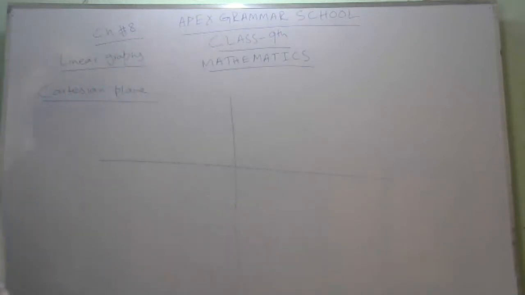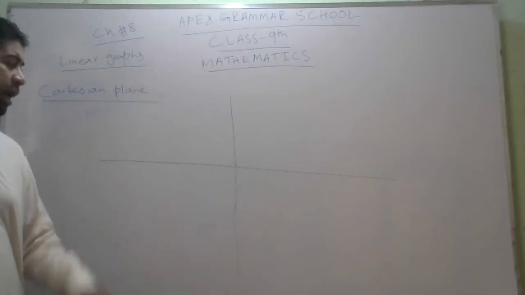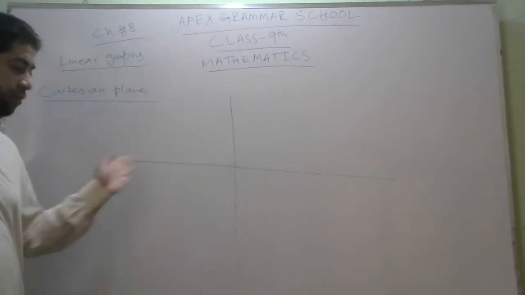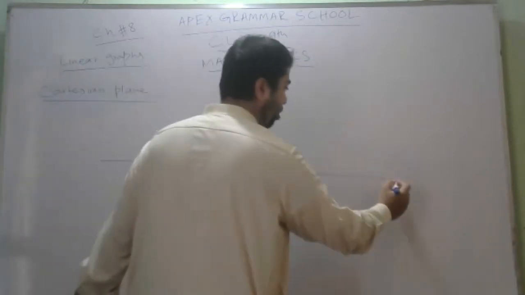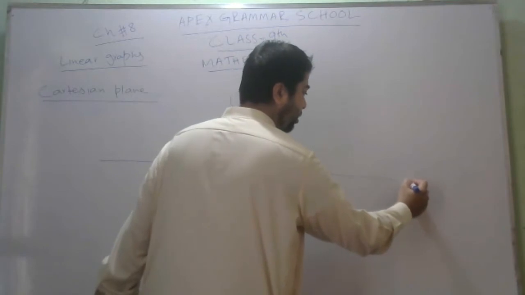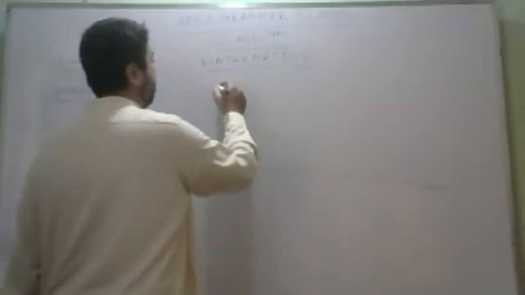you have already done the basic things about graphs and how to draw them in class 6, 7 or 8. This is called the Cartesian plane, in which this horizontal axis is called the x-axis and this vertical line is called the y-axis.